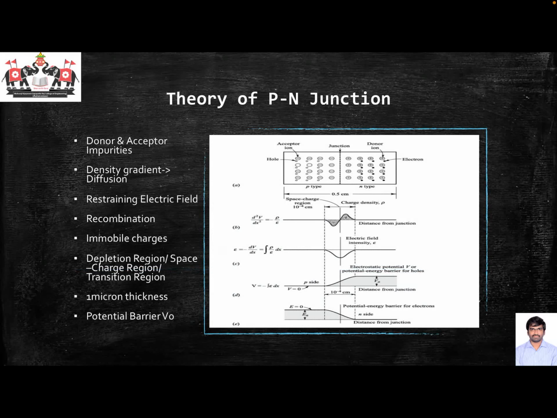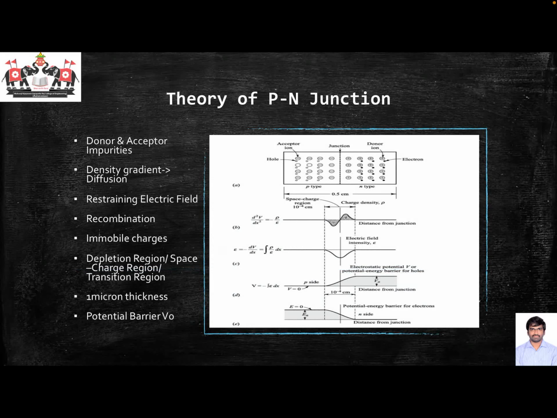Initially we will be taking an intrinsic semiconductor. An intrinsic semiconductor is nothing but a pure semiconductor. It might be a silicon or germanium crystal. To this intrinsic semiconductor, we'll be adding impurities. Let us say we add acceptor impurities on the left hand side and donor impurities on the right hand side. On adding these impurities, the intrinsic semiconductor will become an extrinsic semiconductor.